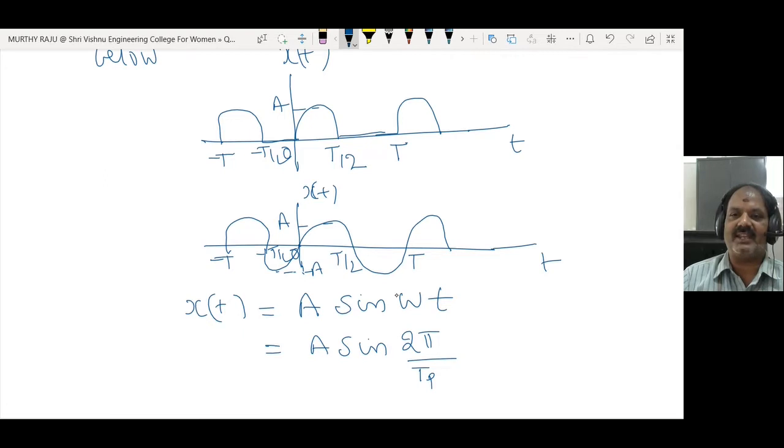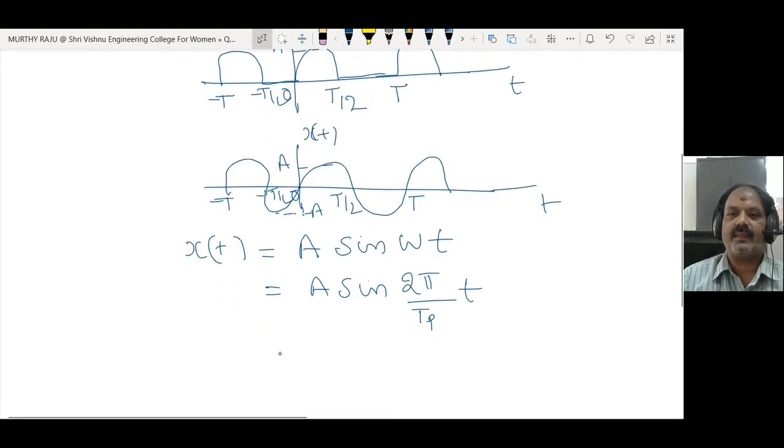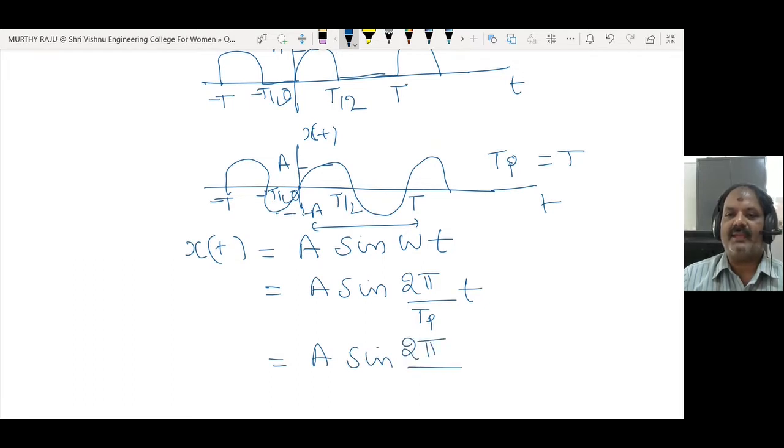Time period of that periodic signal is T, one complete full cycle. So x of t is A sine 2 pi by capital T into small t.